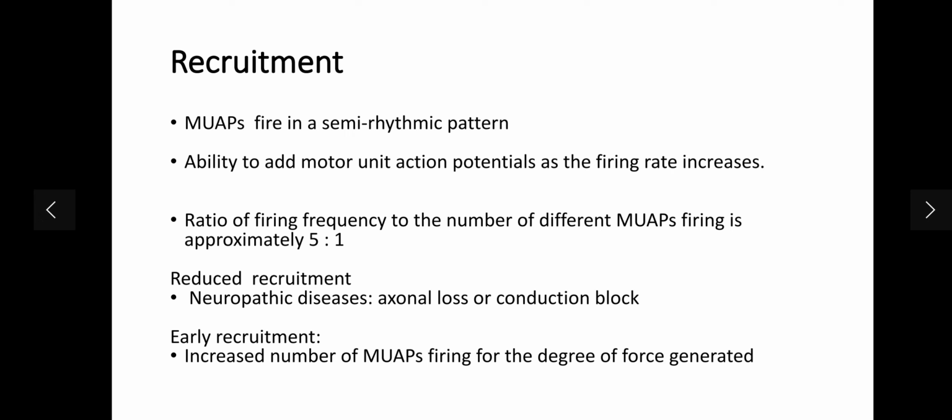So when you ask the patient to activate the muscle with a slight contraction, you will see a larger number of motor units firing, larger than expected for the degree of force, because the muscle fibers are not functioning as they should. So you will get more motor units generating slight force, and this is called early recruitment.